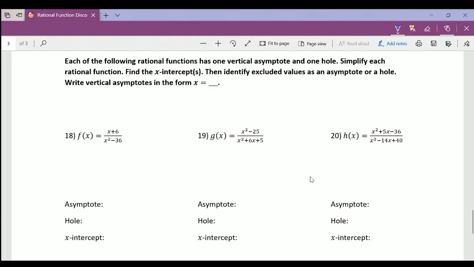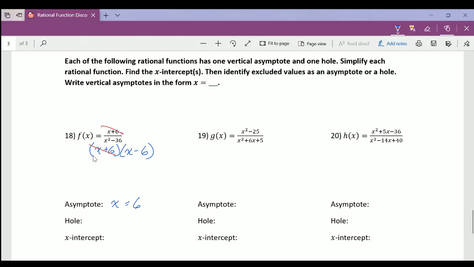All right, so let's just do one or two of these here, and we'll be all set. Down here, this is a difference of squares, so that'll be x plus 6 times x minus 6. And the part that's going to cancel out are the x plus 6's. The asymptote comes from this guy right here: x equals positive 6.